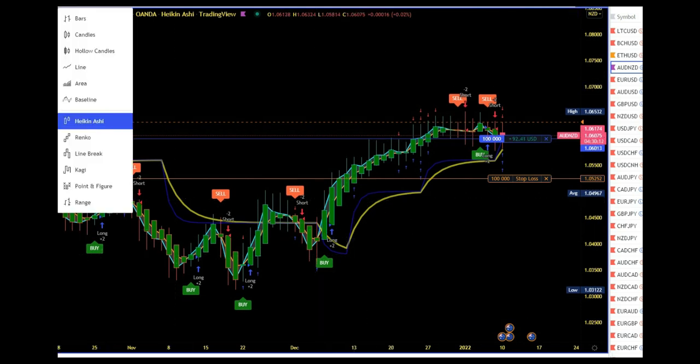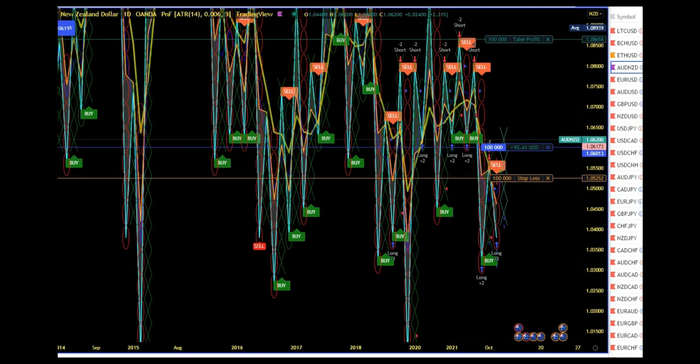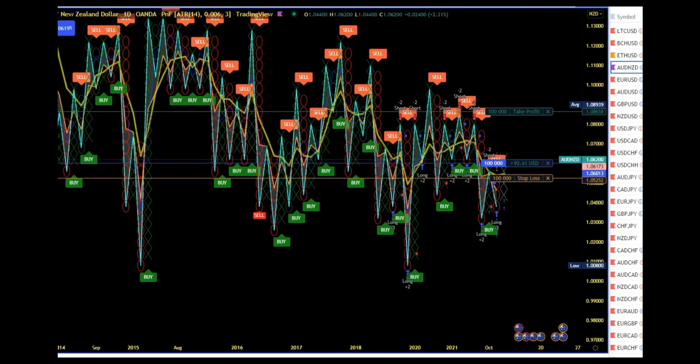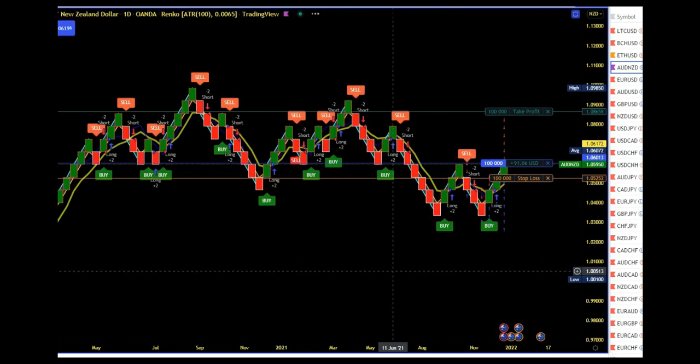Then if we use the bar charts, you see we have another picture, much smoother, right? The classic Heikin-Ashi is much smoother to see, with much more greens.